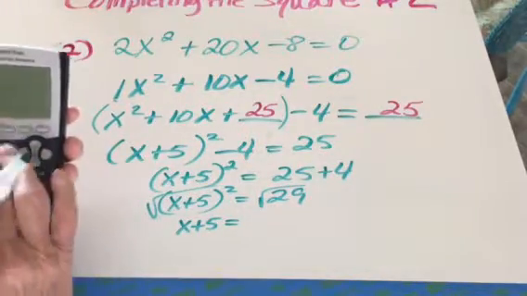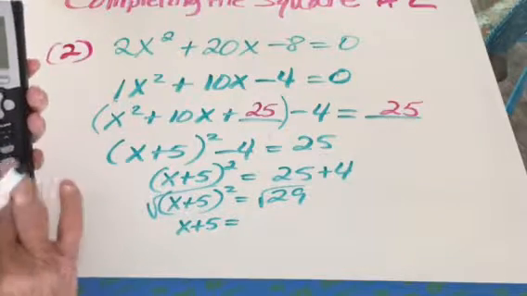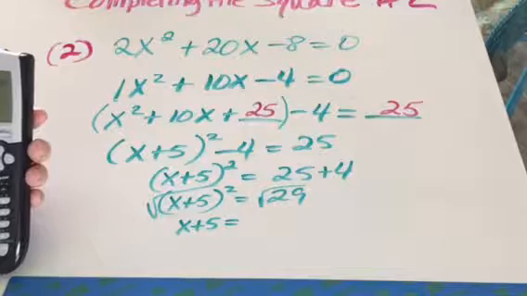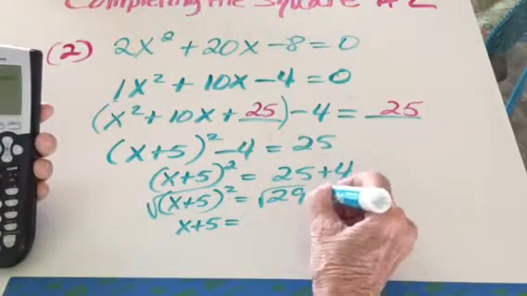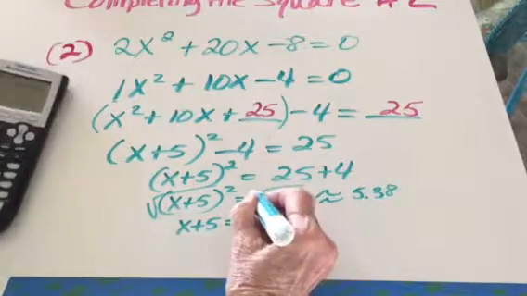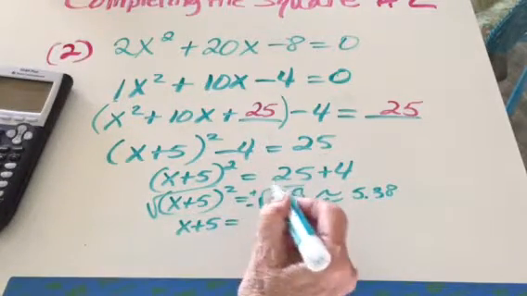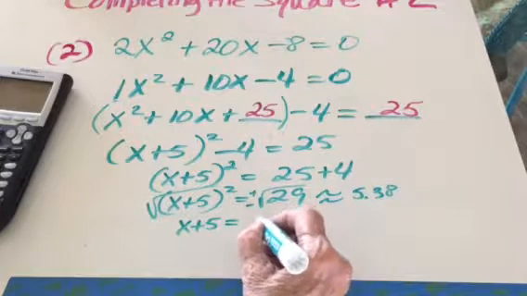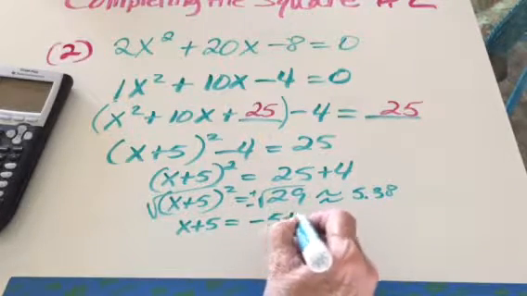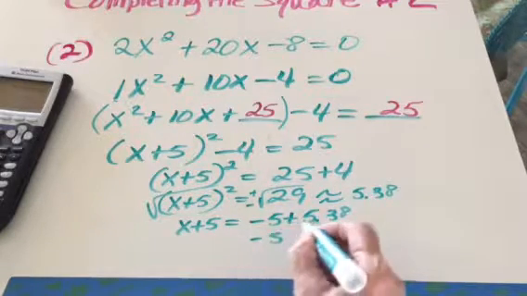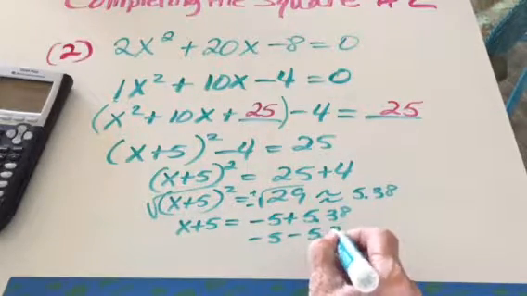Okay, square root of 29 equals 5.38. So I'm going to say about 5.38. All right, and remember this is plus and minus. All right, so I'm going to bring over the 5, so it's going to be -5 plus 5.38 and -5 minus 5.38.